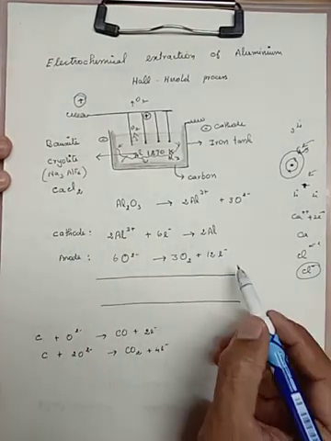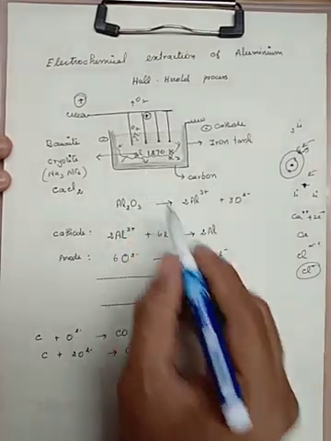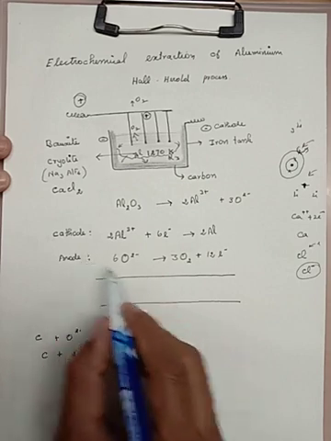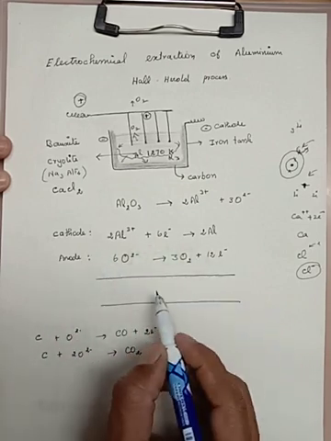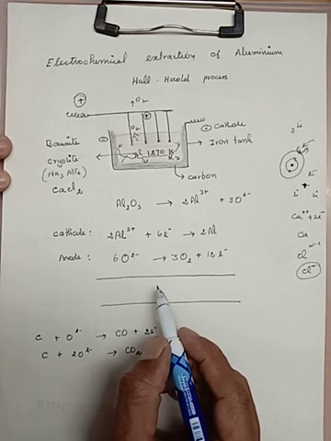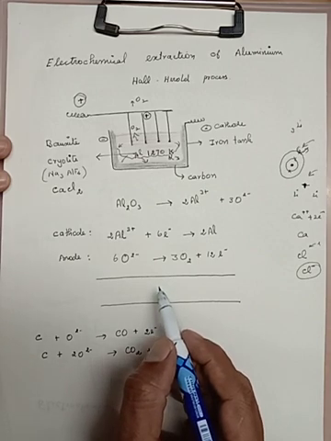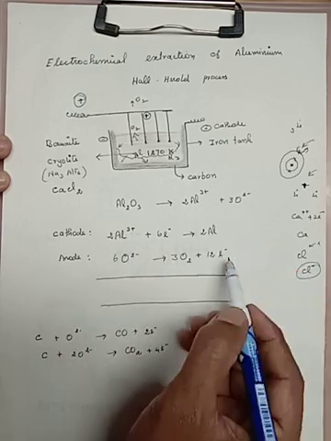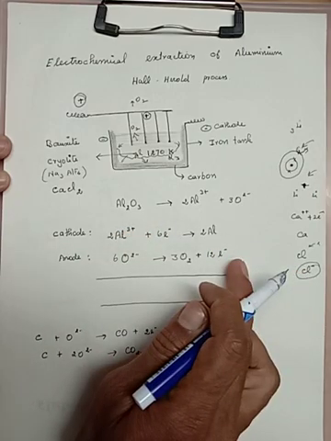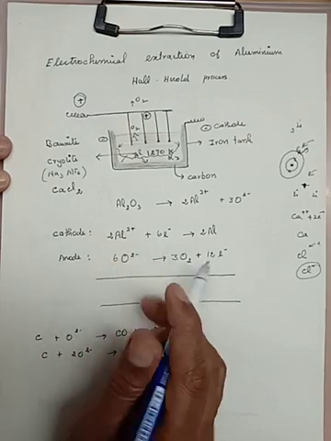Now this is the reaction that is taking place inside. This is an ionic equation. I want to add up these equations, so when I add up, I have to cancel what is common on this side and this side.